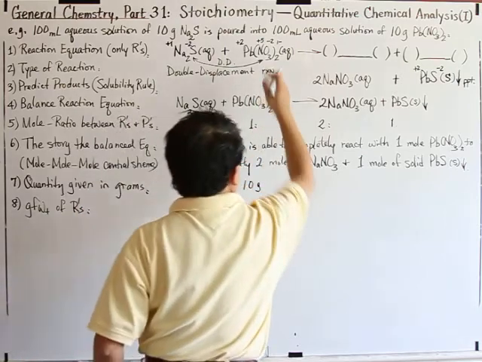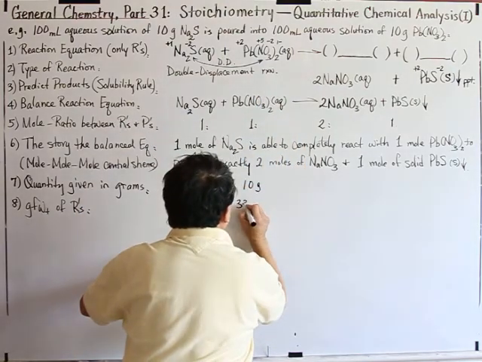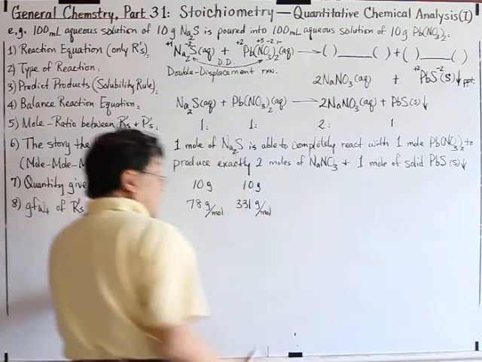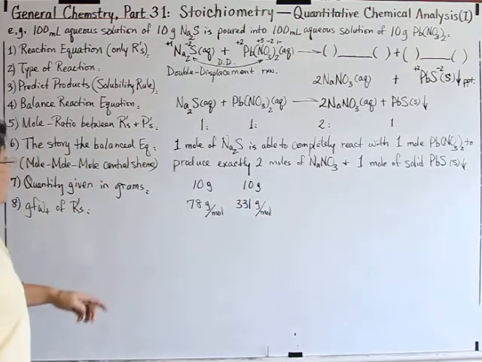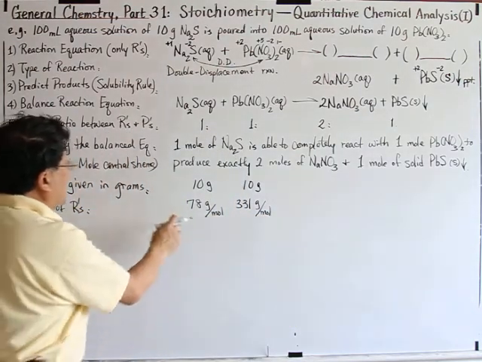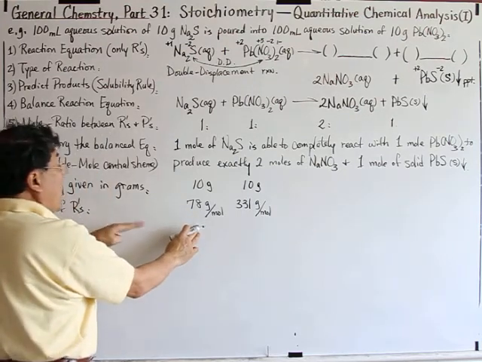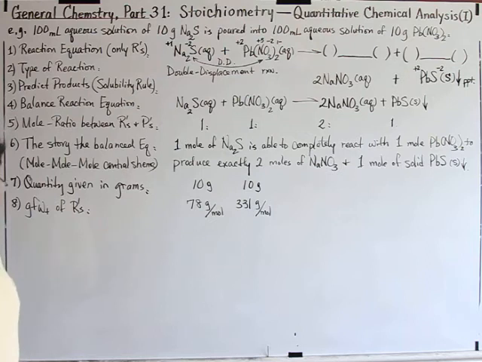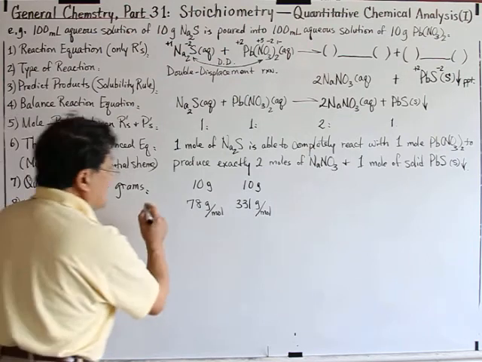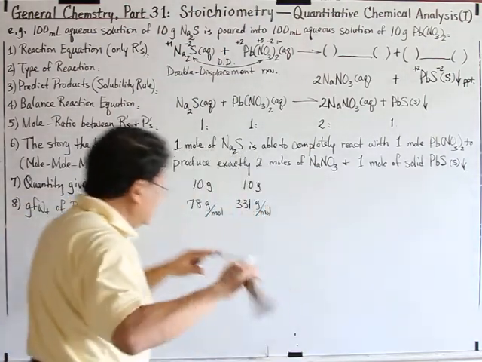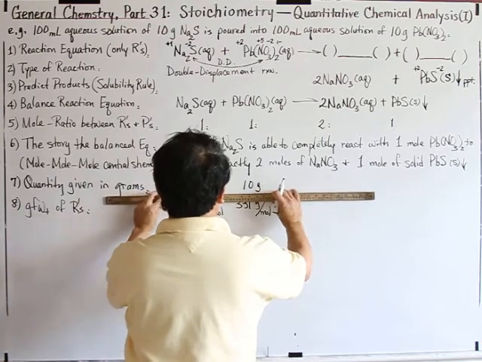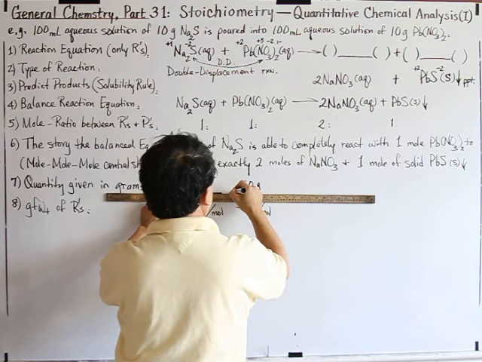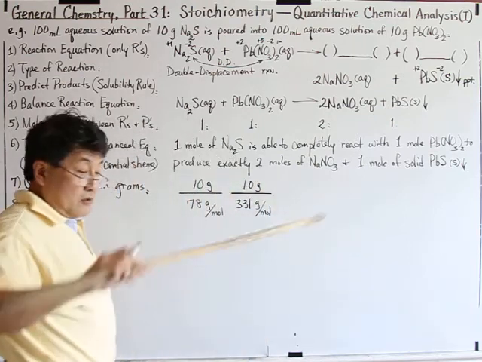The other one is 331 grams per mole, as we already estimated. Then in order to find the number of moles, we divide the mass in grams, the given, by the gram formula weight of the compound. It is a simple division.